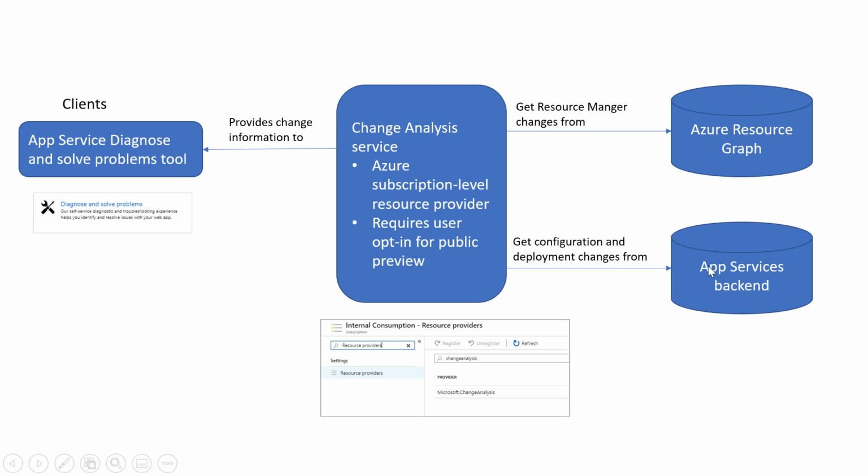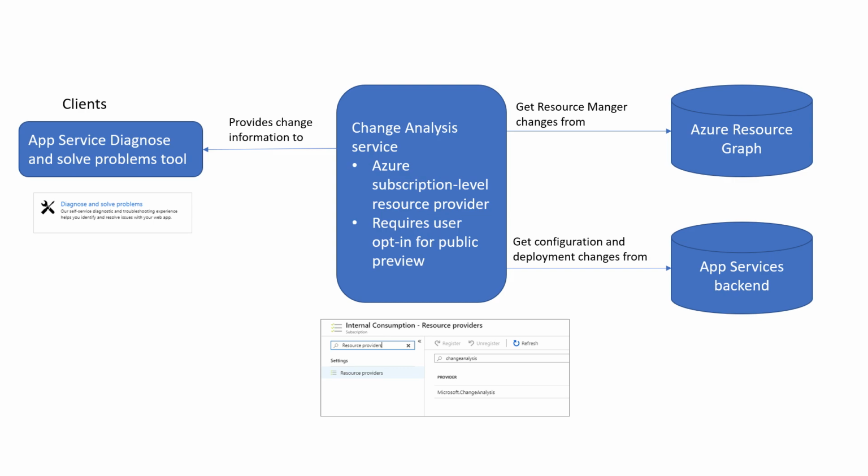Another source is the App Service backend. So we take a snapshot of what is deployed in the App Service web app, what's running inside it, and then we compute the difference. Right now, our service has a backend store to save the data we capture from the App Service backend. But in the future, we are going to consider moving it even deeper into the Azure resource level.